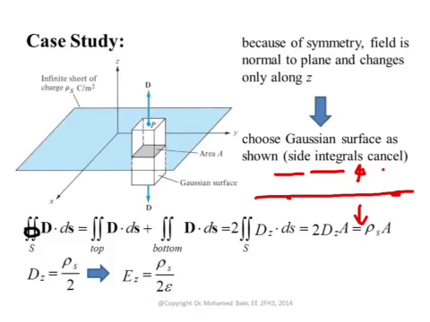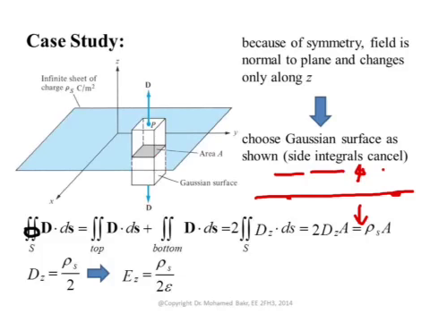It's very simple, because we know that D points normal to the plane here and points downward on the other side. So the flux through all the four side surfaces will give you 0. It's only the top surface and the bottom surface here that will give you a value for the flux. So we selected a surface where D is tangential to 4 of the sides, and it is normal to this one and this one.